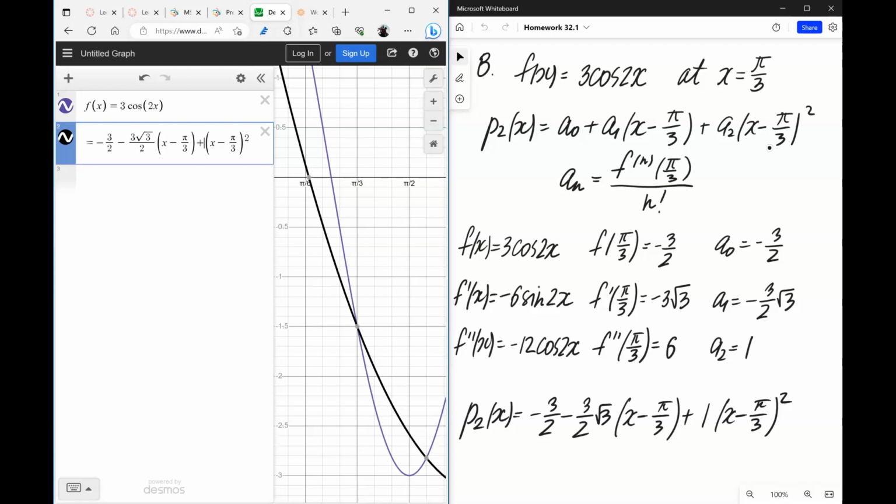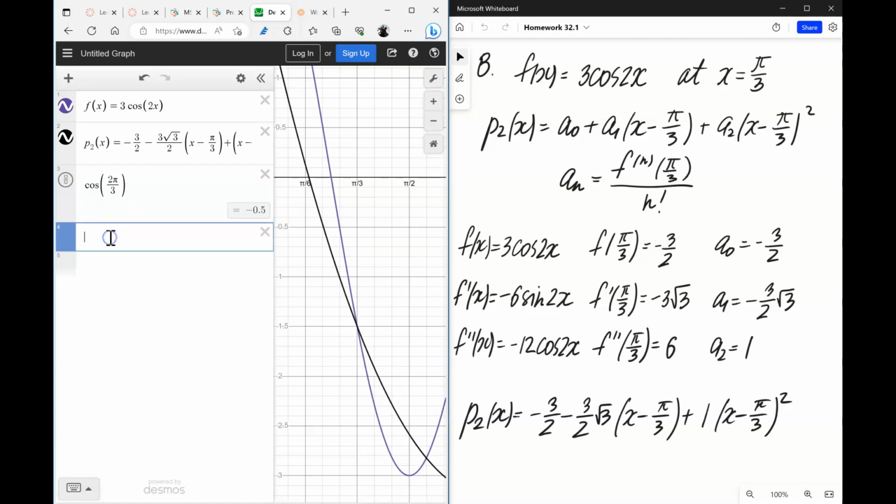Cosine of 2 pi over 3 must be negative 1/2. It is. Sine of 2 pi over 3 must be, not negative, positive root 3 over 2.